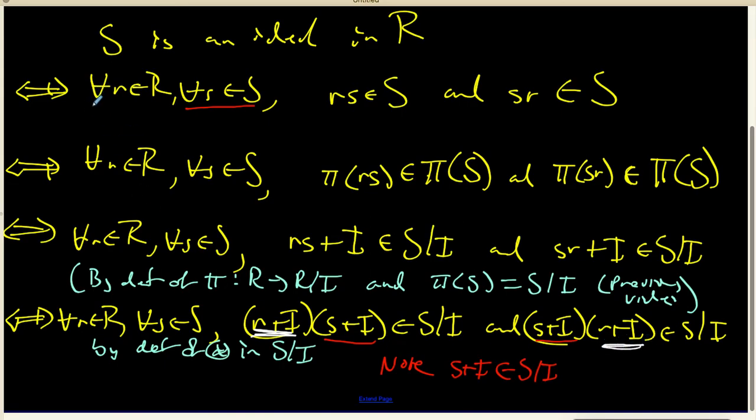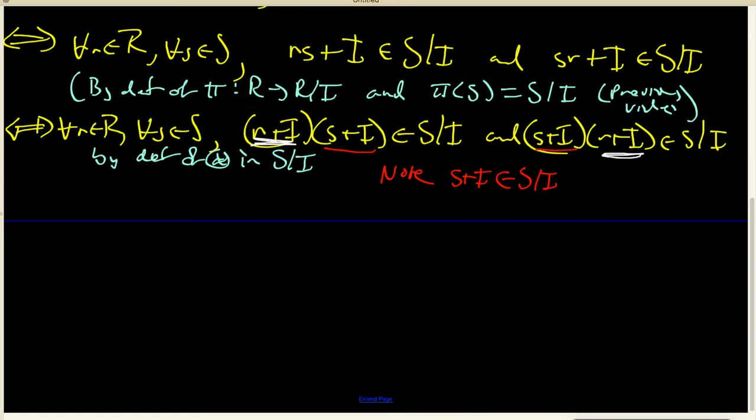That is just a random arbitrary element of R/I, because r has been chosen to be an arbitrary element of the ring R. In other words, we can rewrite this last statement as follows.